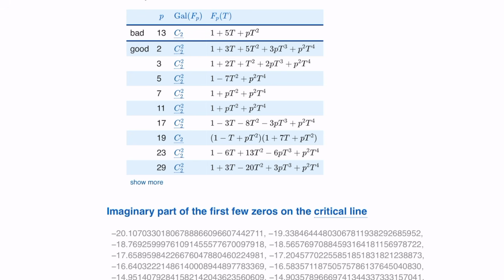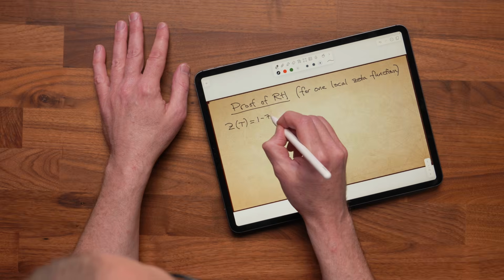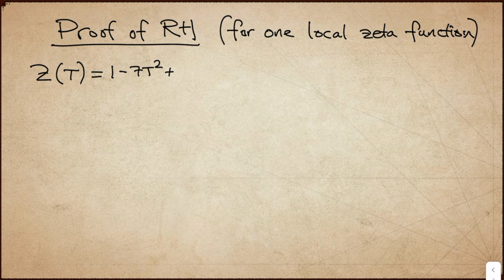Let's pick a good prime. I'll take p equals 5. The polynomial in this Euler factor is 1 minus 7t squared plus p squared, that means 5 squared, times t to the 4th. The zeta function is 1 minus 7t squared plus 25t to the 4th.